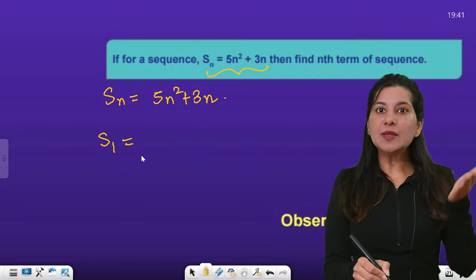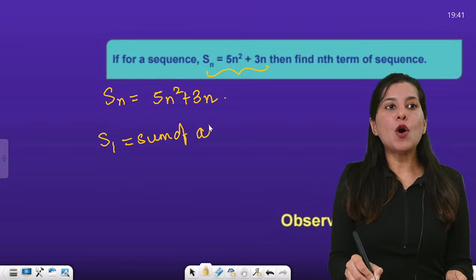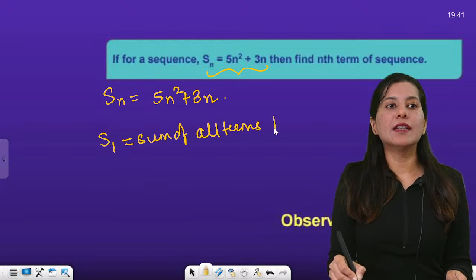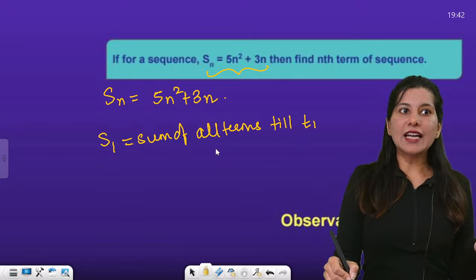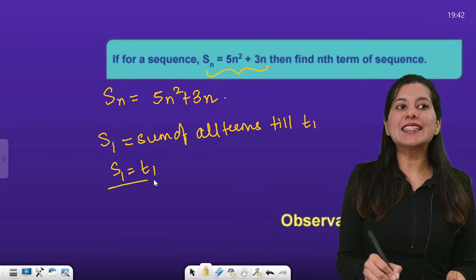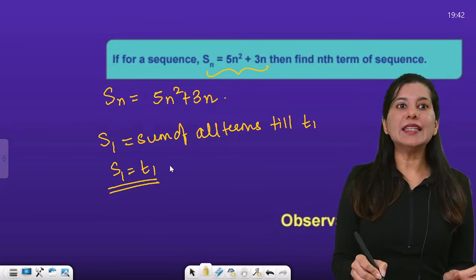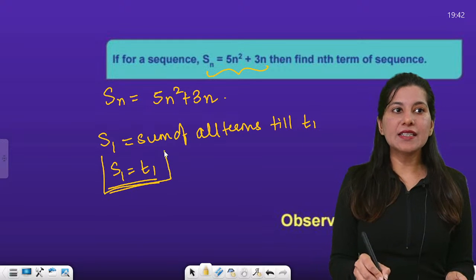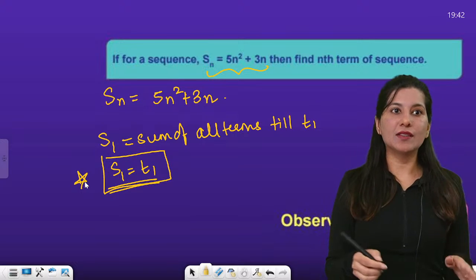S1 will be the sum of all terms till T1, that is till the first term. That means S1 and T1 will be exactly the same. This is true for every Sn.